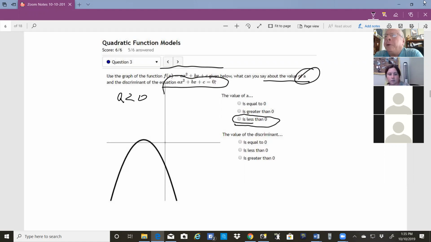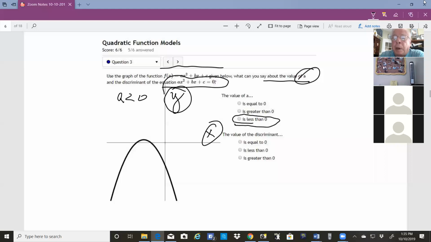How do you figure out what the value of the discriminant would be by looking at the graph, if you saw the graph? I think whether it's going, okay, this is x-axis and y-axis. First of all, does it have two real roots?